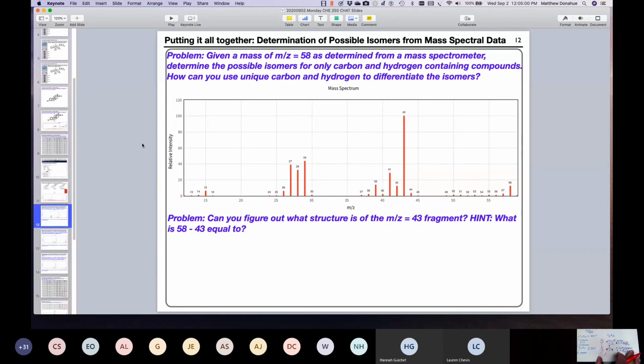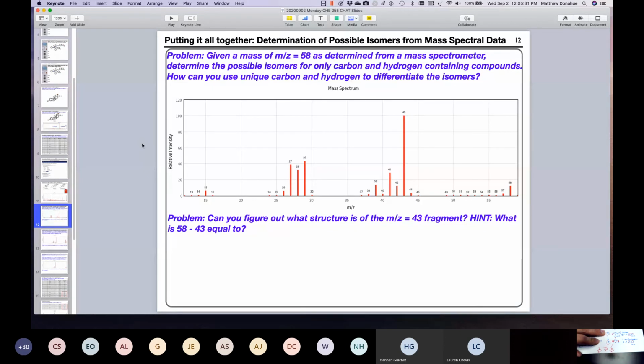The height does mean something, because that peak at 43, so what does it mean? If we consider 2-methylpropane and we lose a methyl group, this is 58. The peak that you see is 43. The peak that is lost is 15. So we're probably seeing something like this.